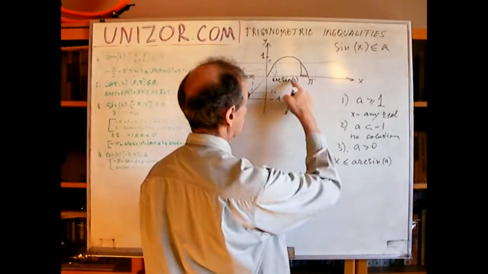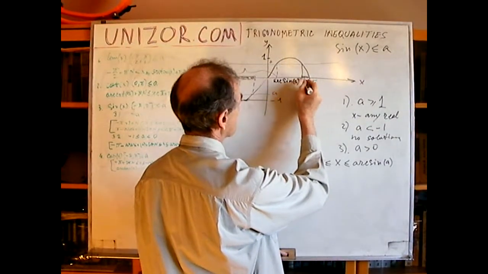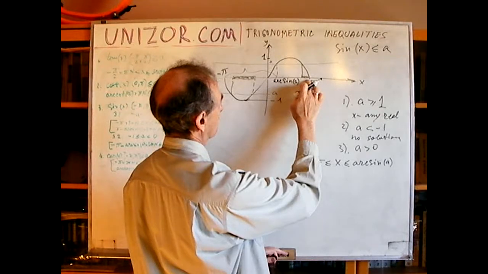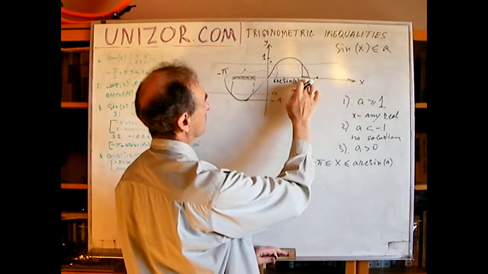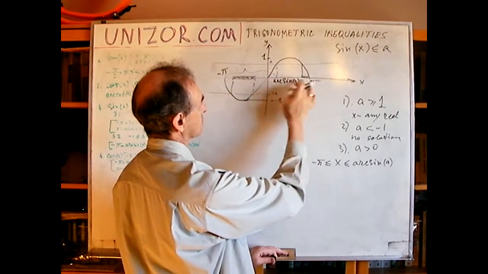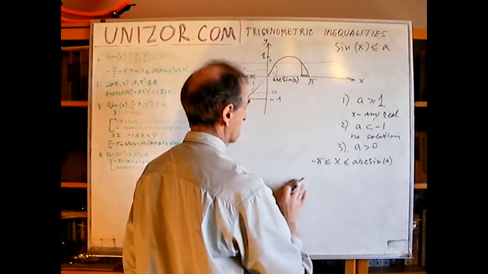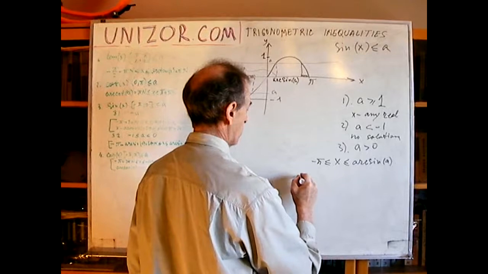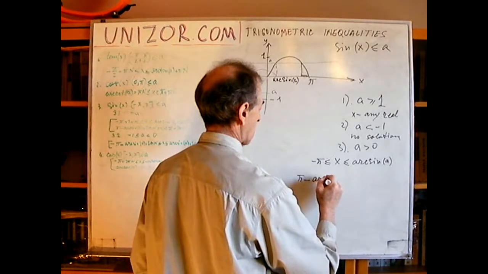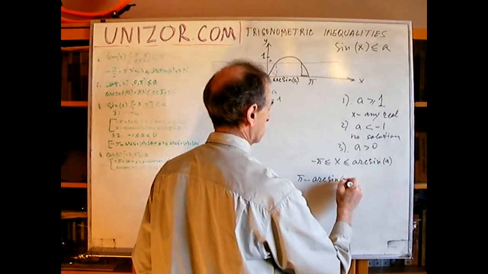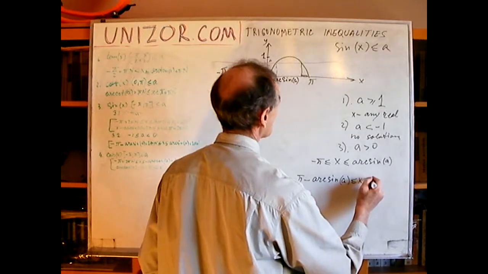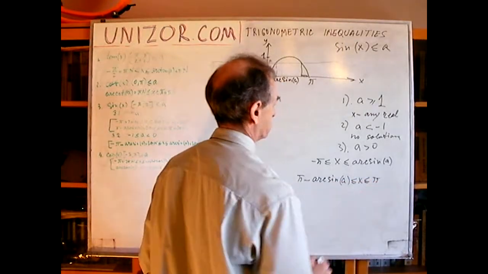And the second interval is exactly equal in length to this one. So it's pi minus arc sine of a, up to 2 pi.